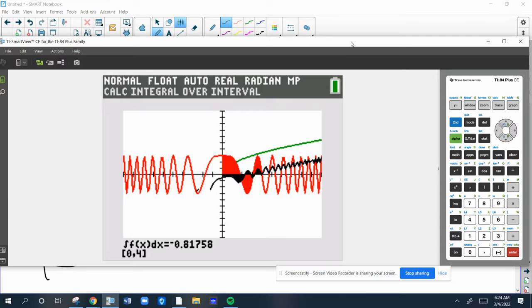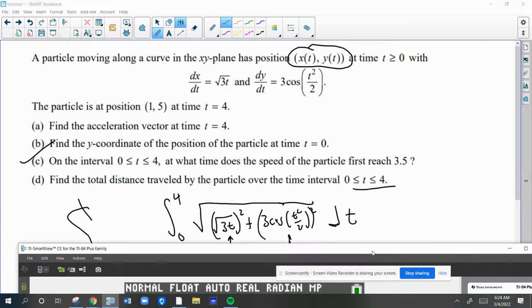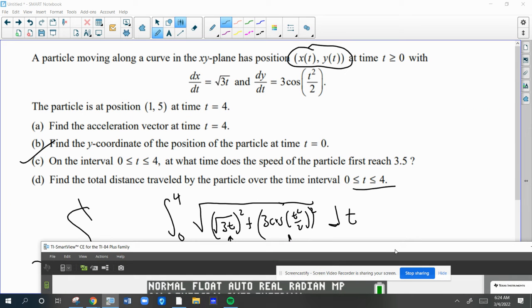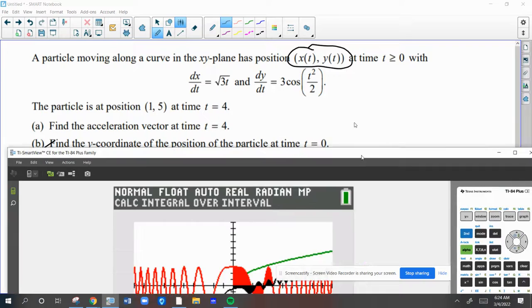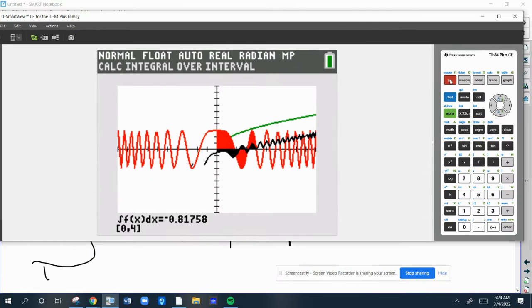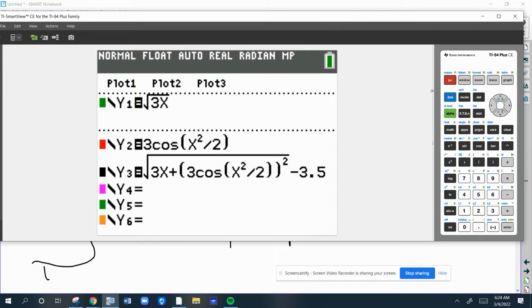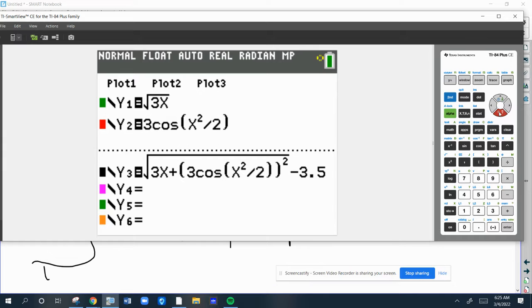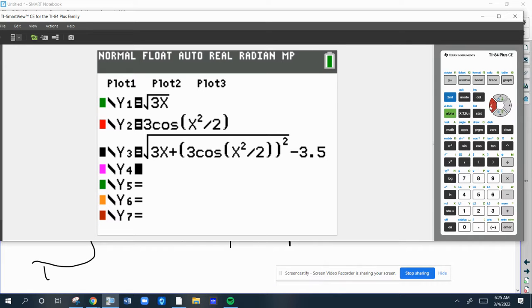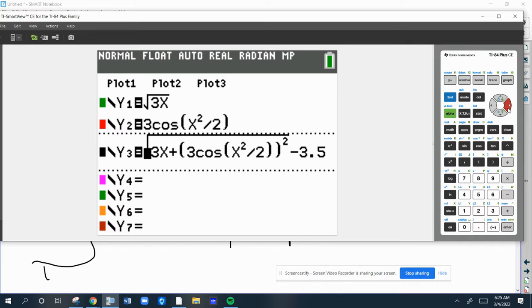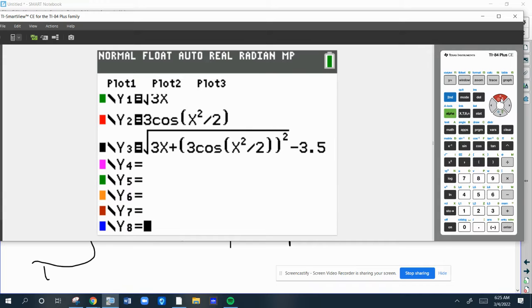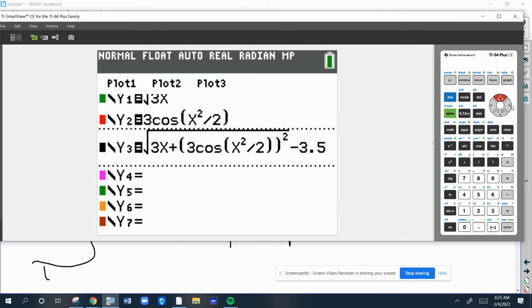I don't think that's right, though. Hold on a second. Three t squared. Oh, shoot. Big mistake. I just thought that didn't sound right, and you weren't here to tell me I was wrong.